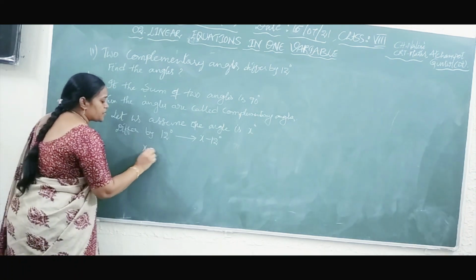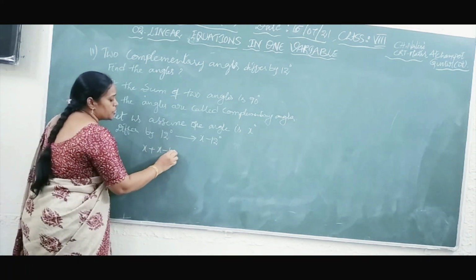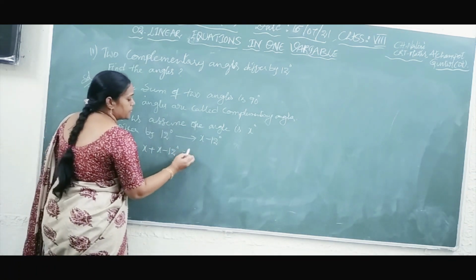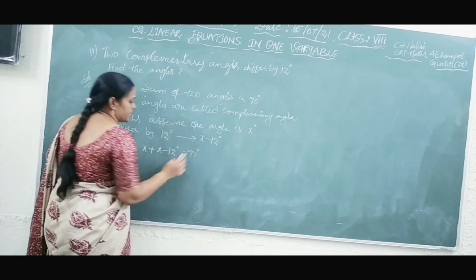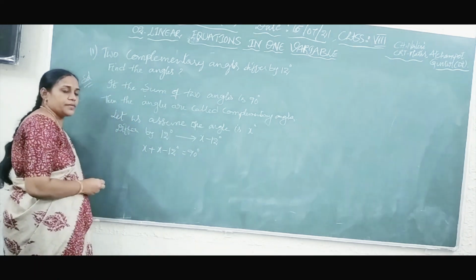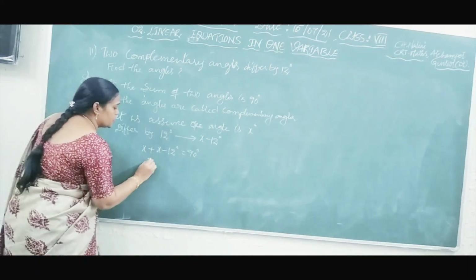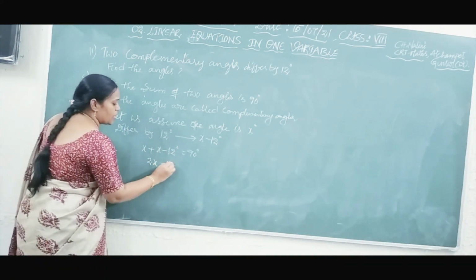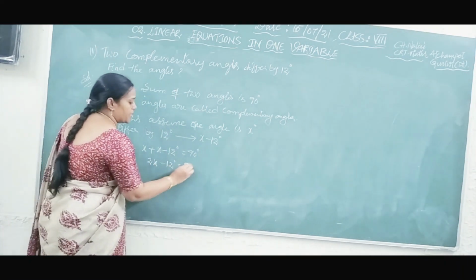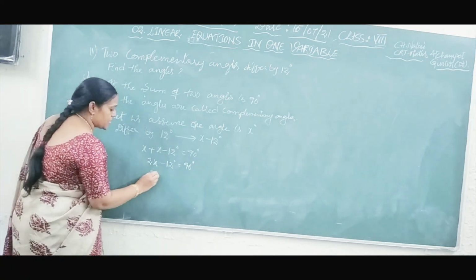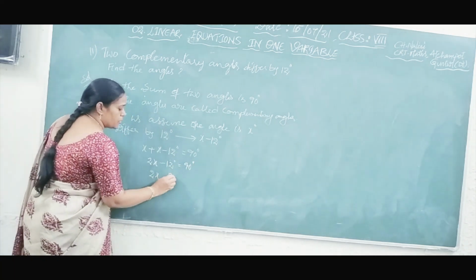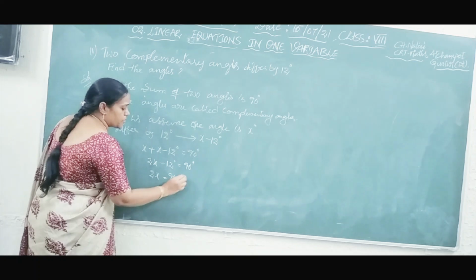Now x plus x minus 12 degrees is equal to how much? 90 degrees. Now x plus x how much? 2x. 2x minus 12 degrees is equal to 90 degrees. Now taking the x part to one side, 2x is equal to 90 plus 12, transposing the 12 to this side.